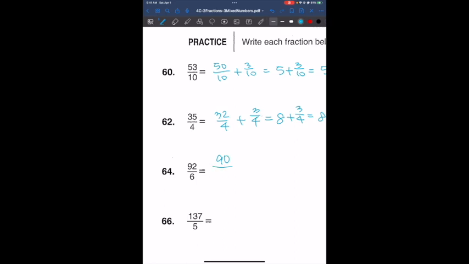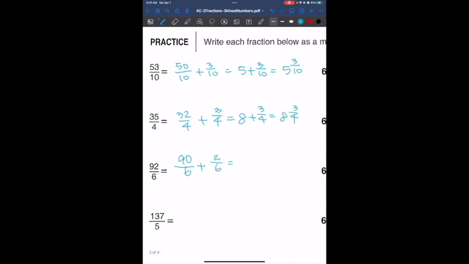So we're going to do 90 over 6 plus 2 over 6. And 90 over 6 is basically 15 because 6 times 15 is 90. And so that's going to be 15 plus 2 over 6, which is 15 plus 1 over 3. So we can write 92 over 6 as 15 1/3 as a mixed number.